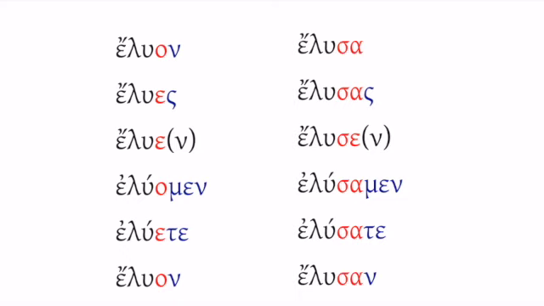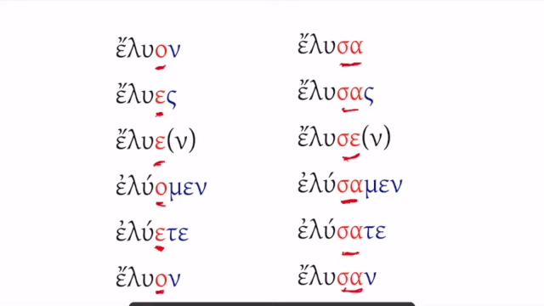Here on the left side of the slide, we get our connecting vowels. When we shift to the aorist, instead of the connecting vowel, we get the tense formative sigma alpha: elusa, elusas, elusen, elusamen, elusate, elusan. Note that the endings are very similar to what we see in the imperfect. In our third person singular, we get the movable nu.